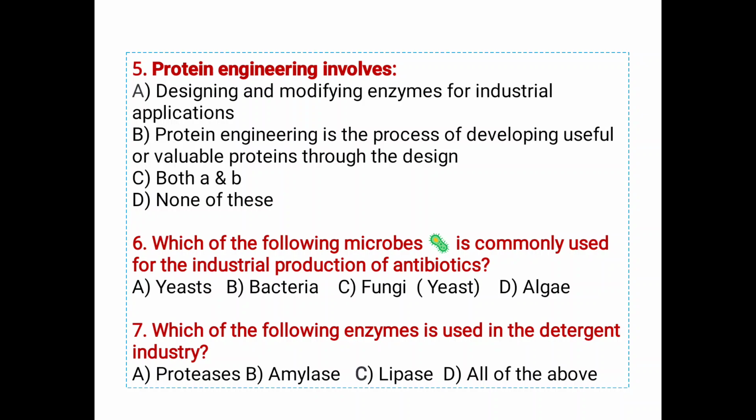Next question: protein engineering involves. First, option A, designing and modifying enzymes for industrial applications. B, protein engineering is the process of developing useful or valuable proteins through design. Option C, both A and B. And option D, none of these. So protein engineering is used for developing valuable, desired proteins. Protein is required for growth of the body, so protein is necessary.